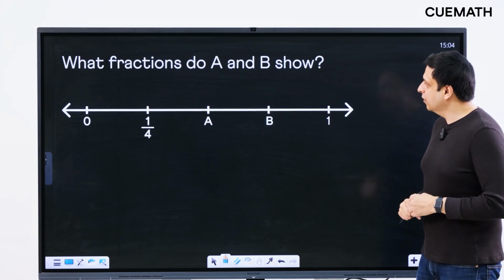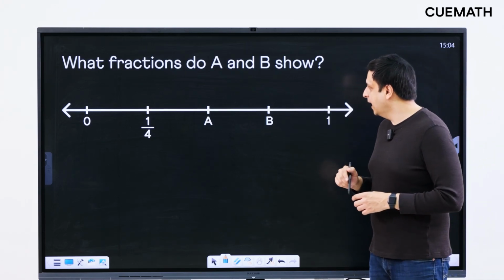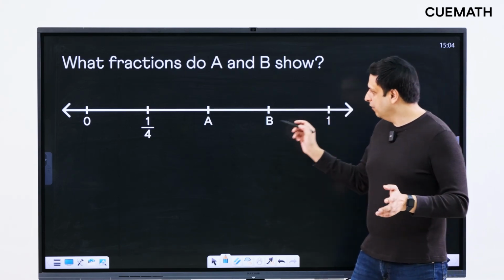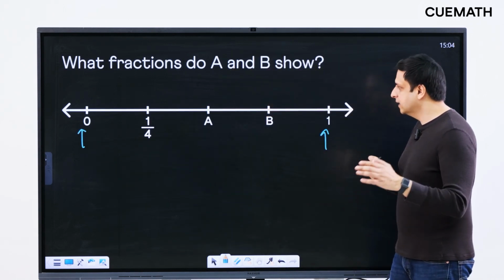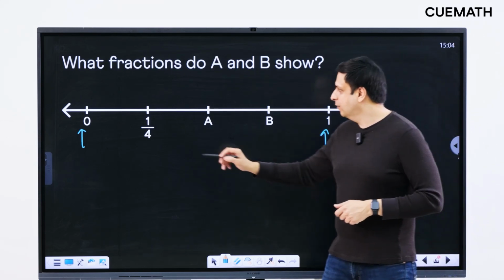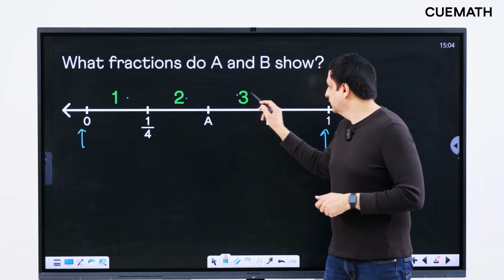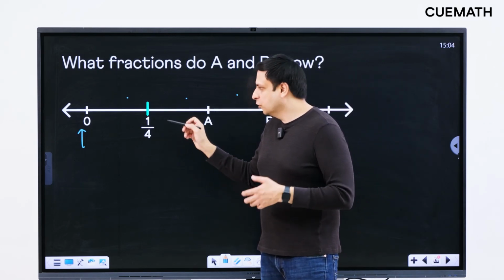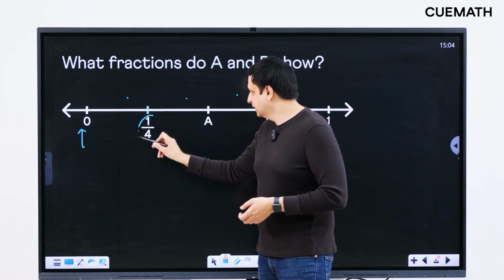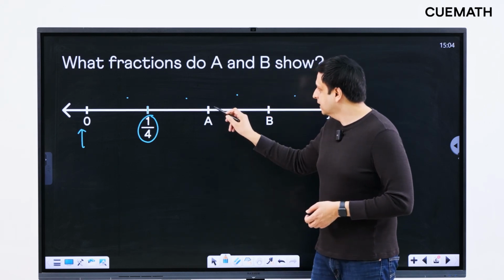Now here's a question for us. What fractions do A and B show? So we have a number line again, 0 at this end, 1 at this end, and the distance between 0 and 1 has been divided into 1, 2, 3, 4, 4 equal parts. So obviously this point here should be 1 over 4 as it's already marked here. So what do you think this point should be?